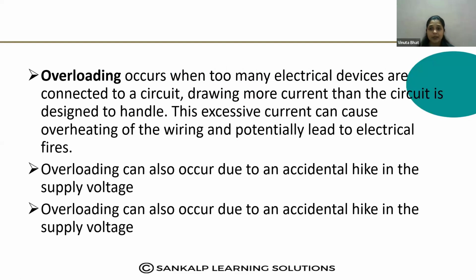Overloading occurs when too many devices are connected to the circuit, drawing more current than the circuit is designed to handle. This excessive current can cause overheating of the wire and potentially lead to electrical fires. Overloading can also be due to an accidental hike in the supply voltage.